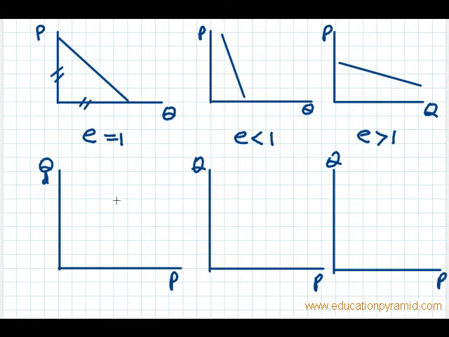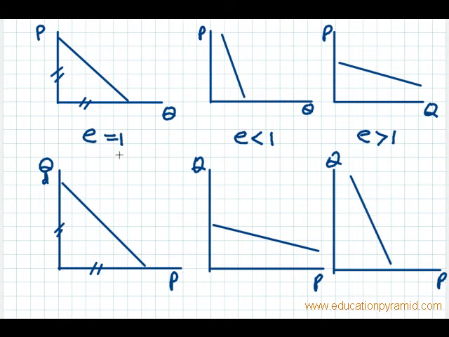In this case, when elasticity is equal to 1, demand curve is showing the equal stretch towards both axes, and when it is less than 1, the shape will be different than this shape, and when elasticity is greater than 1, stretch toward quantity axis is more than the stretch toward the price axis.